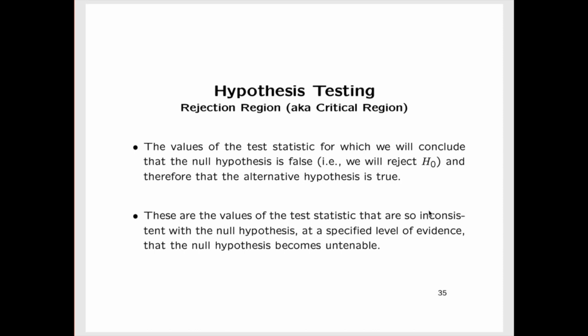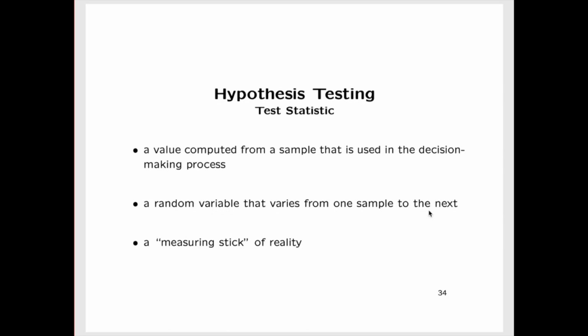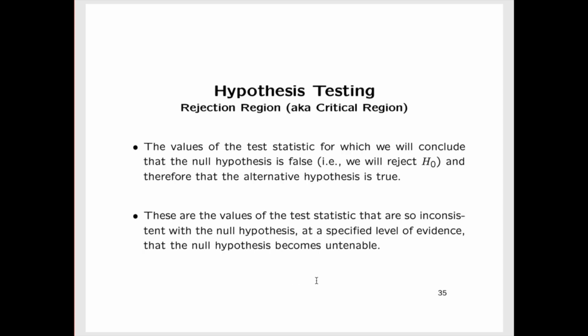And so in performing hypothesis tests, the goal, what we're trying to do, is to show that the null hypothesis is not true, and therefore that the alternative hypothesis is true. And so this rejection region is identifying those values of the test statistic, which, remember, is our measuring stick of reality. It's the set of values of the test statistic which will lead us to reject the null hypothesis and conclude that the alternative is true.